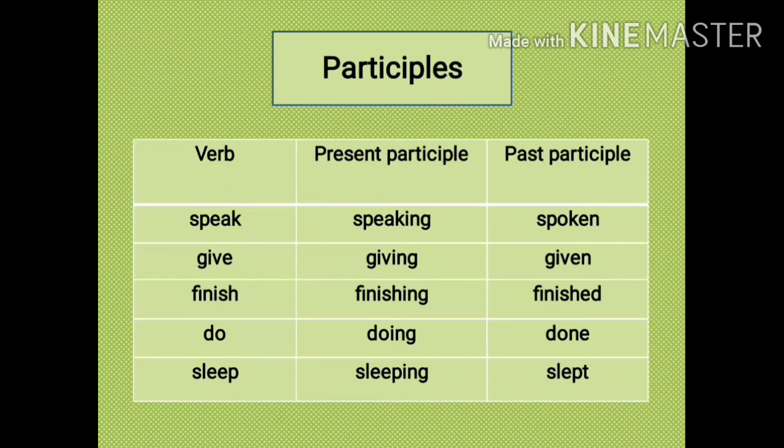Give, giving, given. Finish, finishing, finished. Do, doing, done. Sleep, sleeping, slept. You will observe that present participles end with ing, and past participles, the third form of the verb, end with en, ed, e, t and nt.